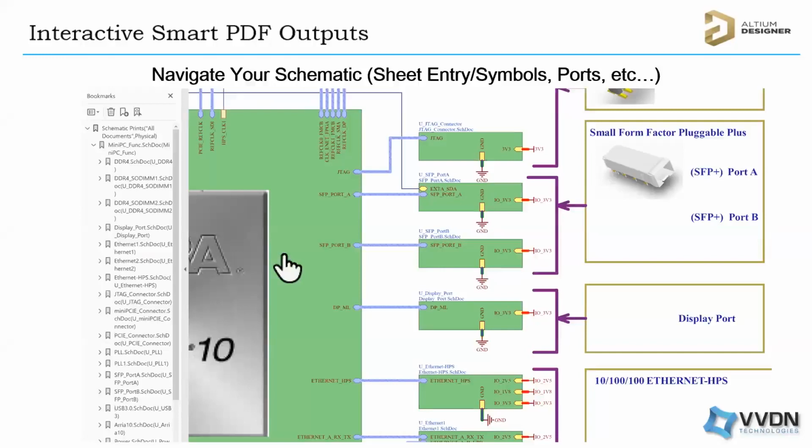This is called Smart PDF, and we can easily switch in the PDF. Adobe Reader would be required. Through that, suppose you select a subset, we can easily go to that subset. In hierarchical designs we can use ports, and if we click on those, we can easily move and see.